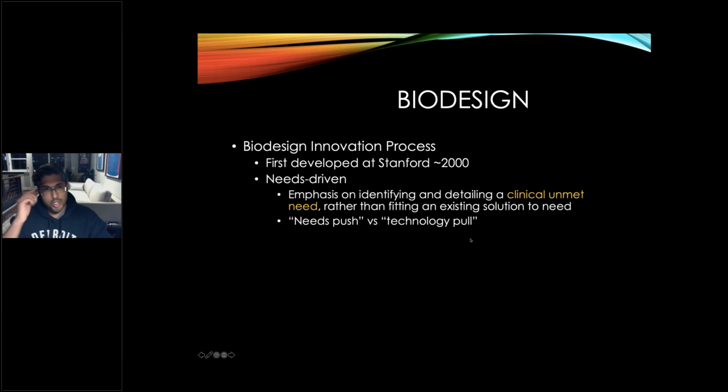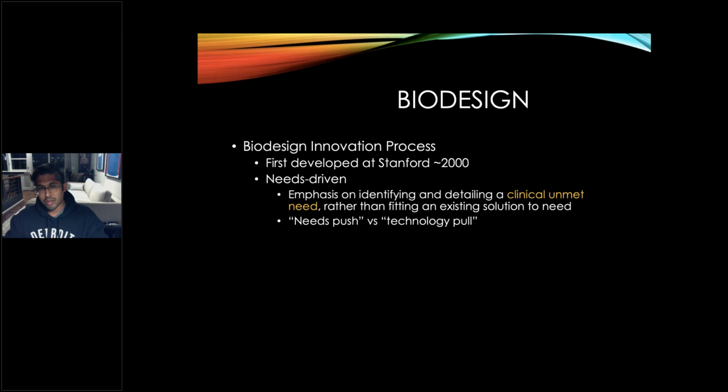So traditionally, interesting discoveries are made, and then people would look for problems that those discoveries could address. As you probably know from the first webinar, the biodesign innovation process flips everything upside down. It's a process that was first developed at Stanford around the turn of the millennium, and it's really needs driven.